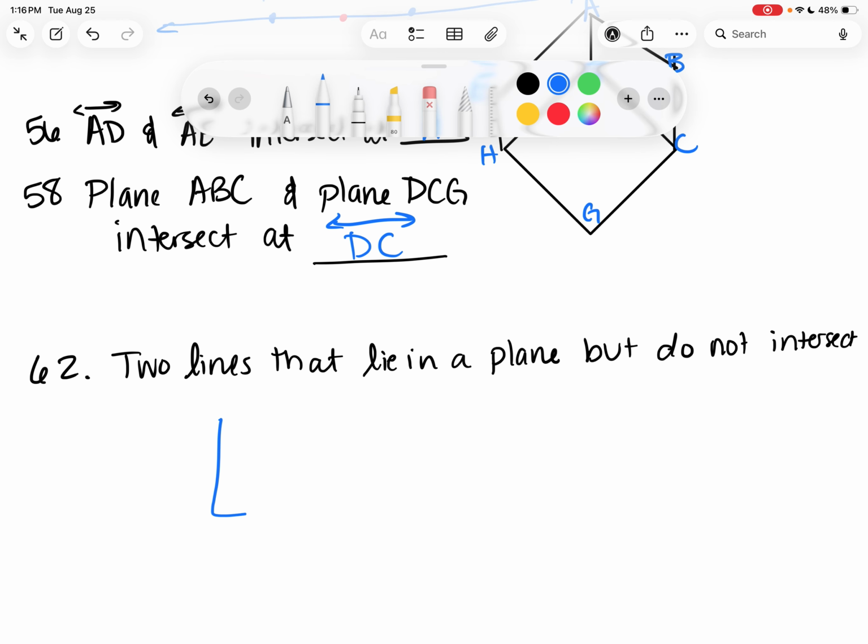So I'm just going to draw a rectangle. And then I have two lines that don't intersect. Well, what kind of lines don't intersect? Anybody remember the name of them? Parallel. Yep, parallel lines. So I could draw them both going this way. I could draw them both going up and down. They just can't intersect in there.